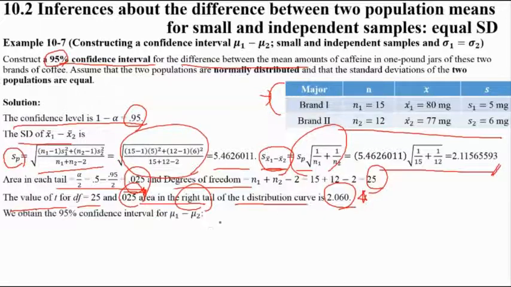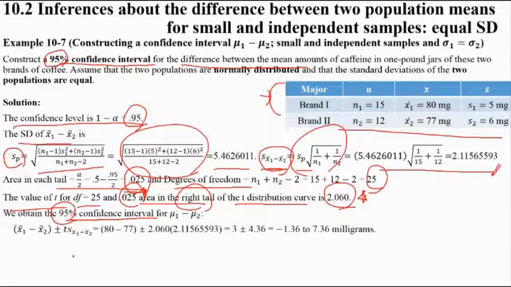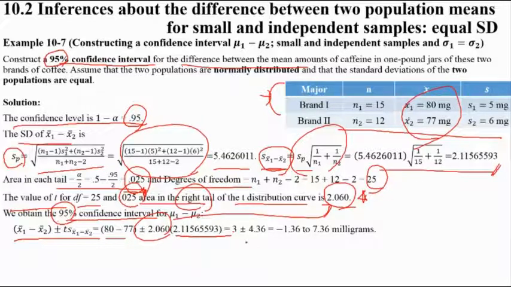Now we make the conclusion for the 95% confidence interval for mu1 minus mu2 using this formula. One more time: t is for small samples, z is for large, and s is for the sample. This number comes from the data: 80 subtract 77, the t value, and this one by calculation. Wow, it looks complicated, but step by step it's not hard, just complicated.